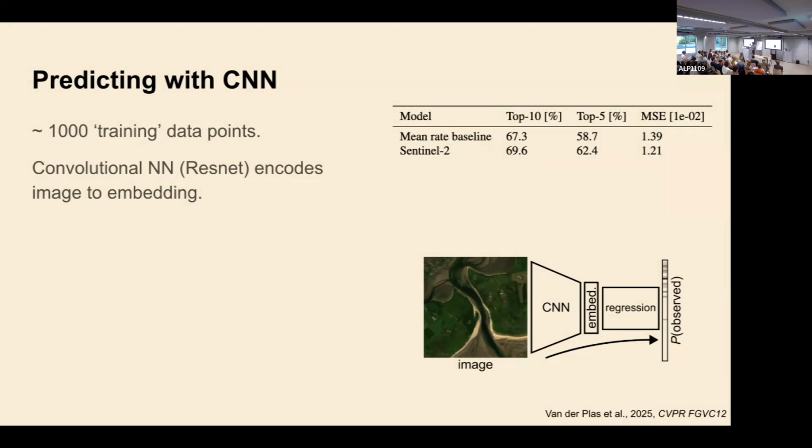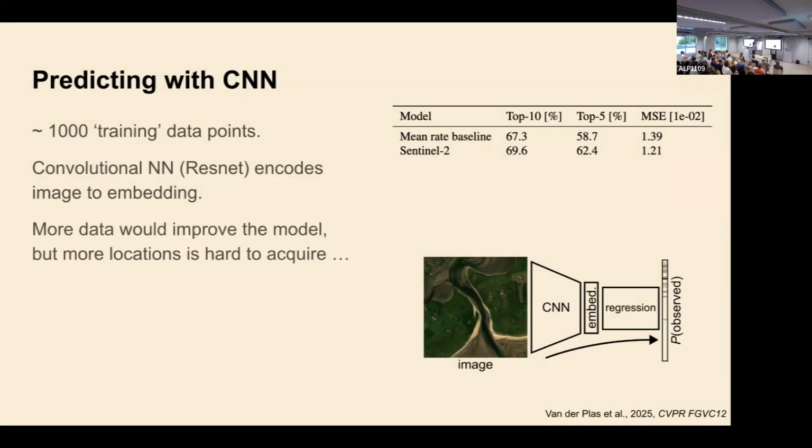But we would certainly like to improve it. One thing that would for sure improve the model is if we had many, many more locations, but that's of course not feasible at all. It's already, I think, one of the biggest citizen science projects in the UK for ecological data.